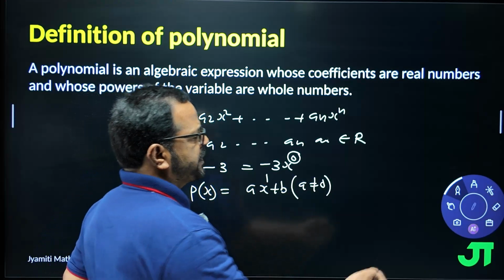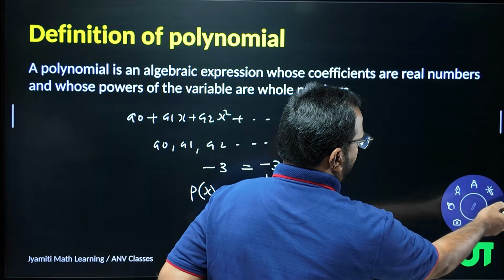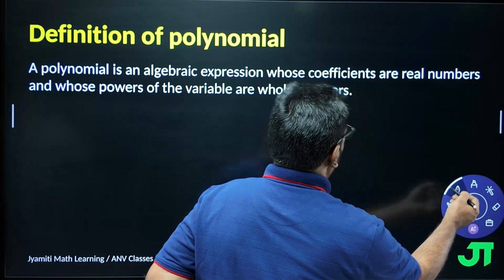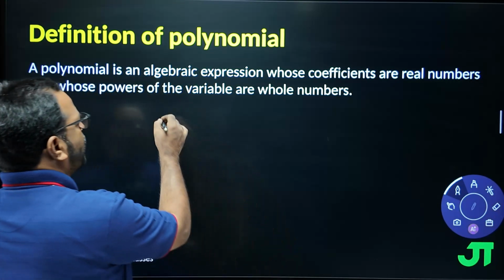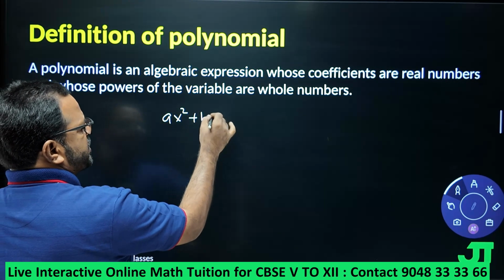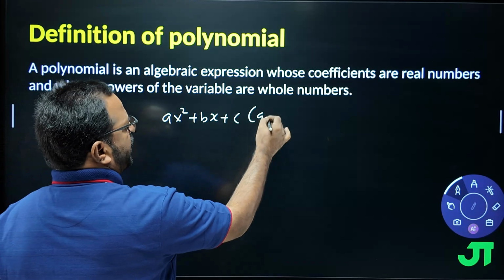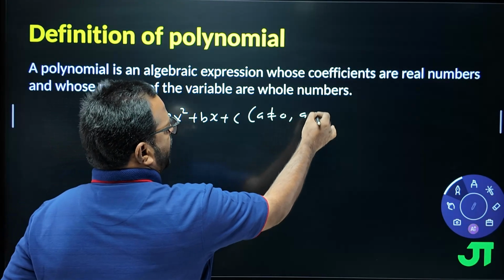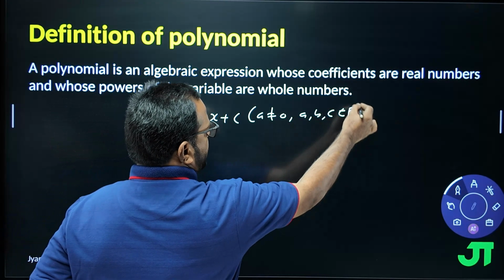Okay, then we have second degree polynomial or quadratic polynomial. What is a quadratic polynomial? The standard form of a quadratic polynomial is ax² + bx + c. We have a ≠ 0, and a, b, c are real numbers.